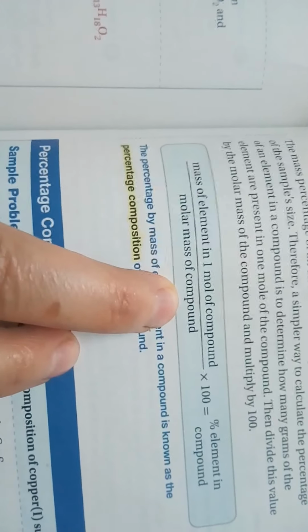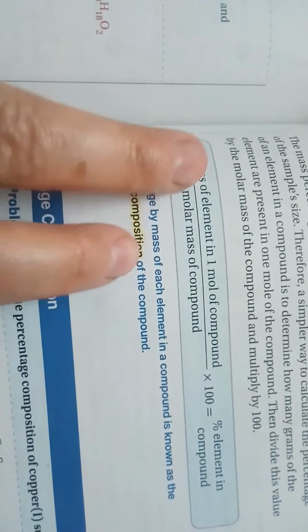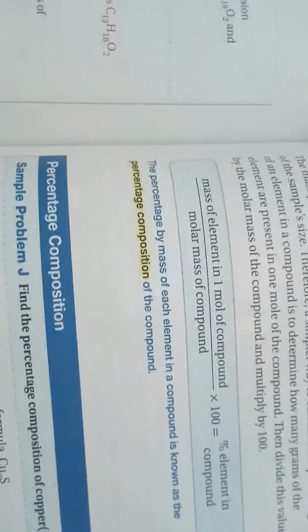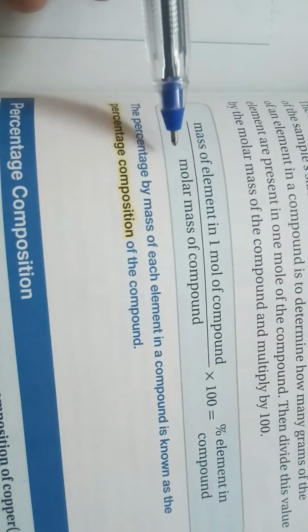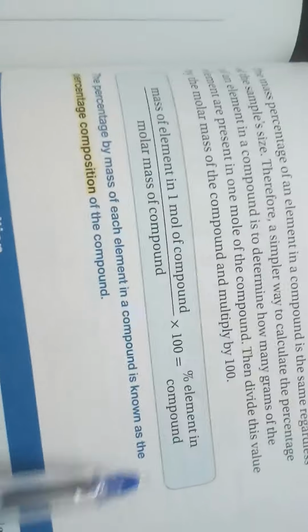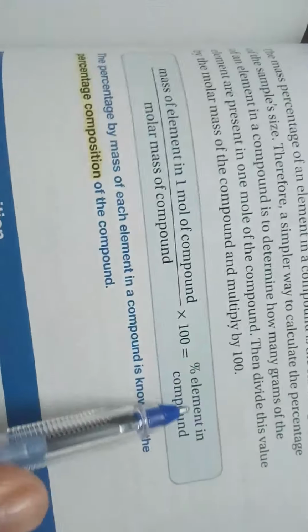So 16 plus 2 is 18. Divide the mass of hydrogen that you have by 18, and then multiply by 100, and you get the percent of that element in the compound.